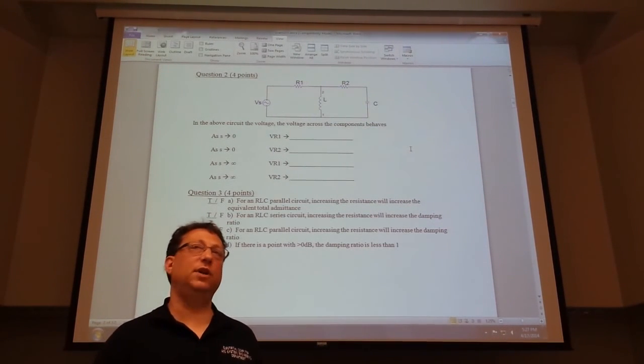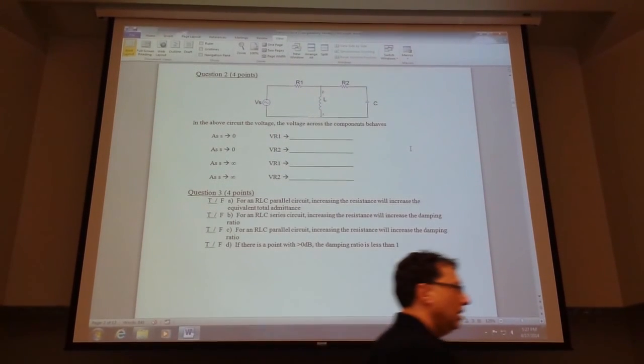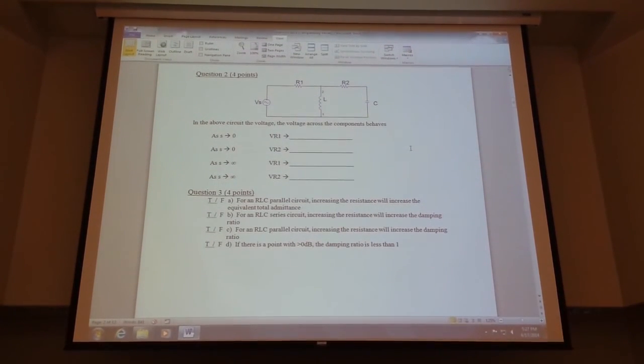The admittance of the resistor plus the admittance of the capacitor plus the admittance of the inductor. In a parallel circuit, admittances add, and so if you decrease one admittance, the overall admittance decreases as well. Right? Everyone agree with that? We didn't write that down, we can. Anybody not sure what I just said?